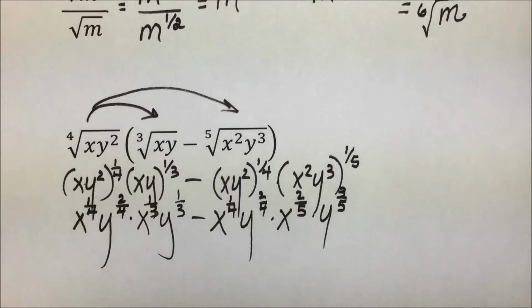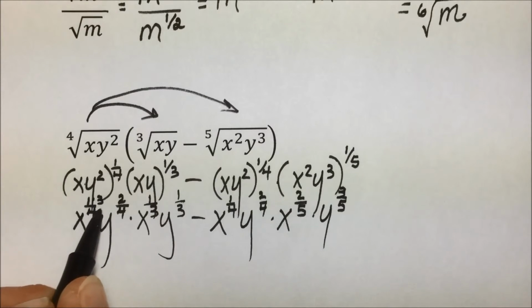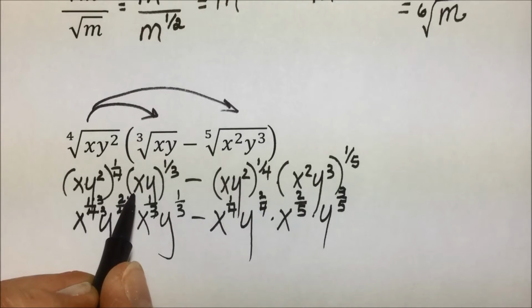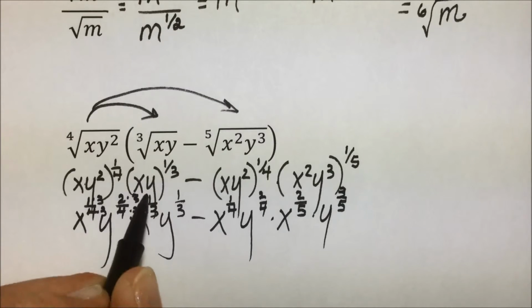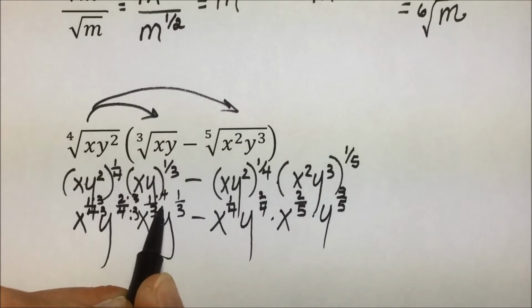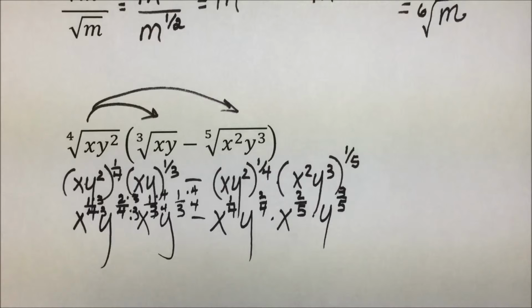So we need to head for a denominator of 12, and I'm going to convert each one of those, multiplying the first one by 3, the second one by 3, the next exponent by 4, and the last exponent by 4. So that we end up with x to the 3/12.